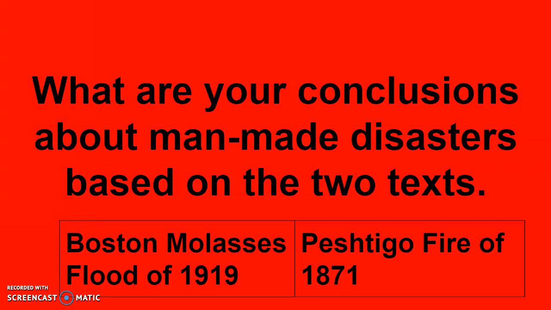I want you to think about what are the conclusions that you can draw off of man-made disasters based on these two texts. So pause the video for a few minutes and maybe make yourself a chart and jot down at least maybe 2 to 3 different conclusions that you can draw based off of these two texts. And then come back when you are ready.